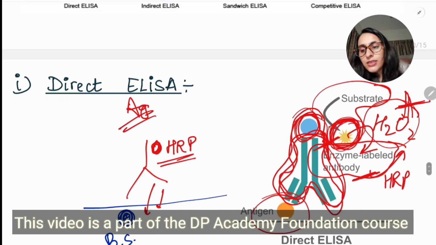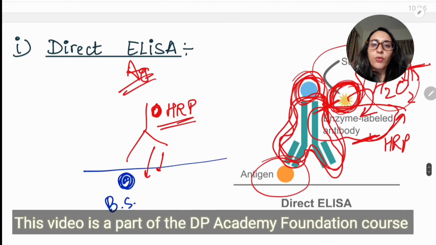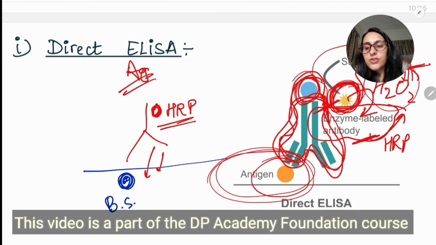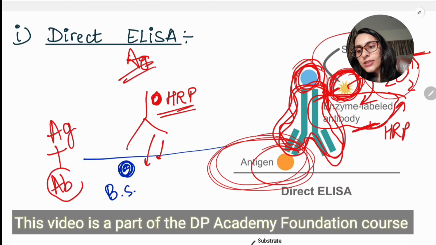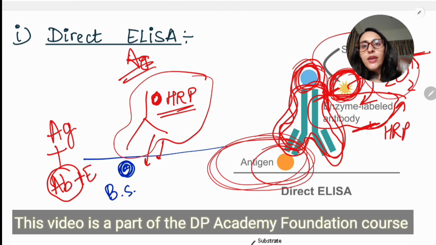If it comes positive, that means the intensity of the color is directly proportional to the antigen concentration. So if it shows color, it means antigen is present. So this is direct ELISA. Direct ELISA is when the antigen combines with the antibody. This antibody has got the enzyme, this HRP enzyme. And then we have a substrate here.